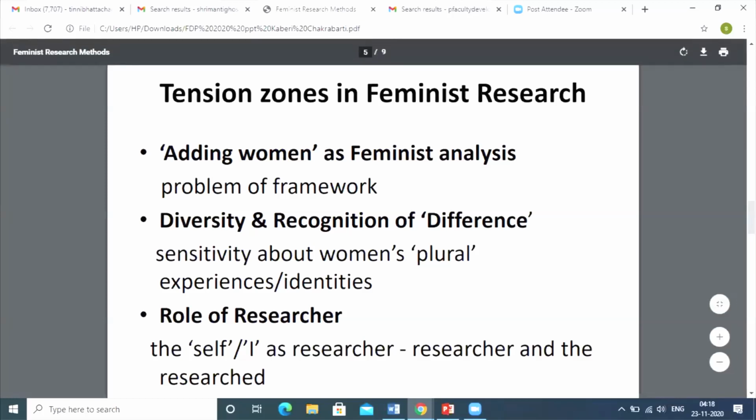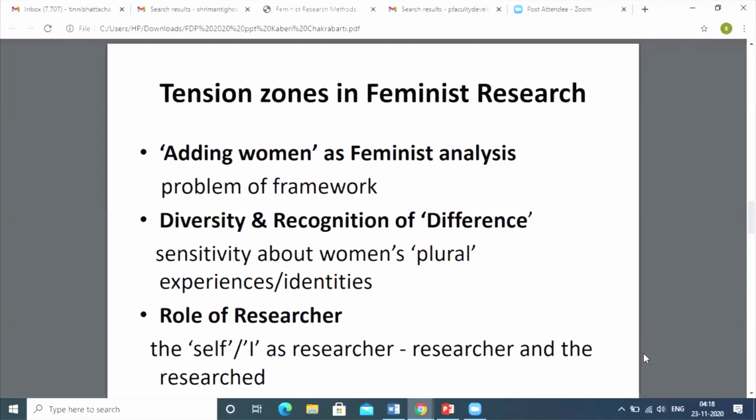And lastly, the most important area, I think, is the role of the researcher. Since feminist research pursues certain evident goals, there comes the question of the self, the role of the researcher as the self. And so it challenges the objective, dissociated role of the researcher as primarily embodied in positivistic and scientific empiricist inquiry.